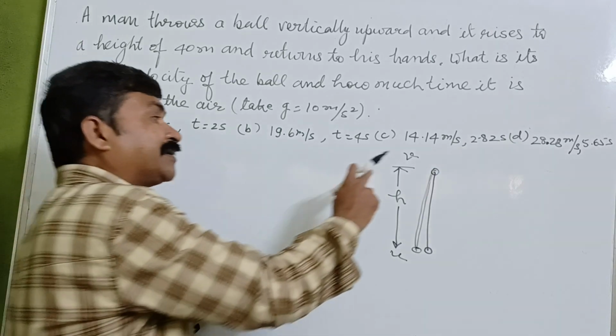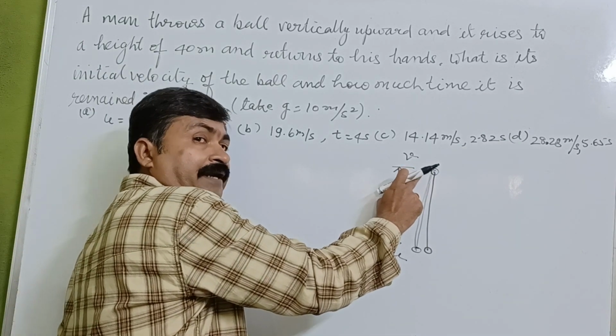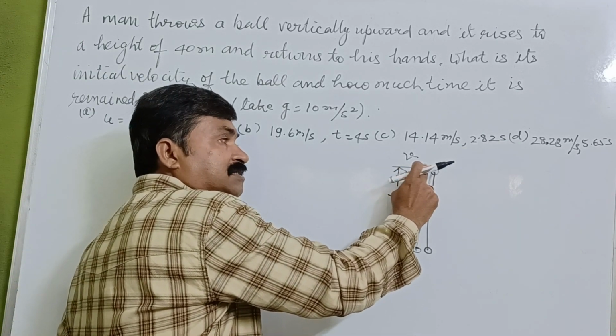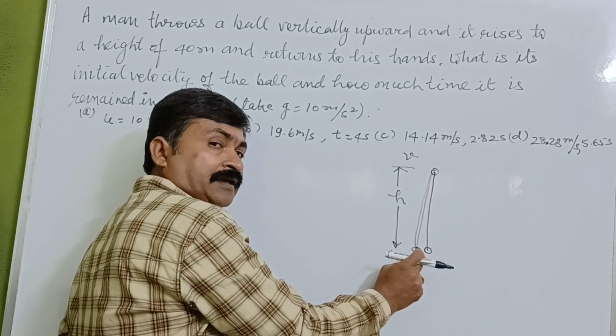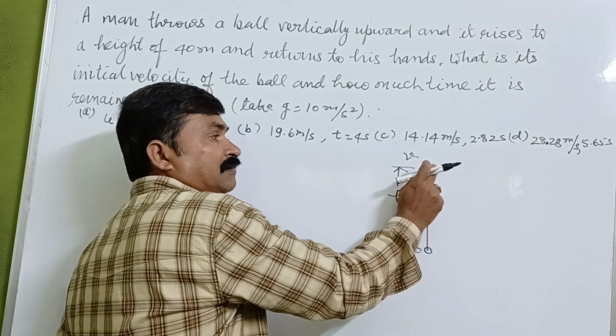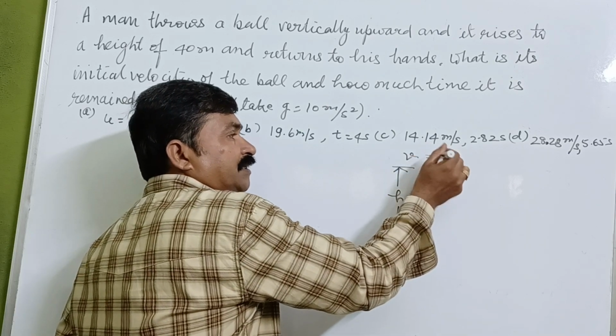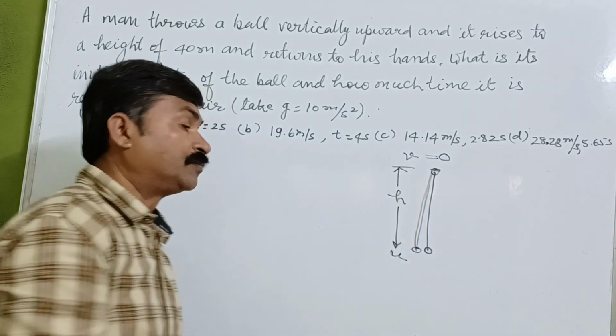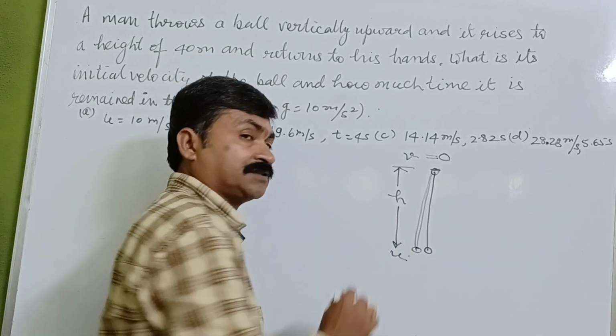When the ball reaches a particular height, it starts returning back. At that moment it will have final velocity 0, and it was thrown with some initial velocity.